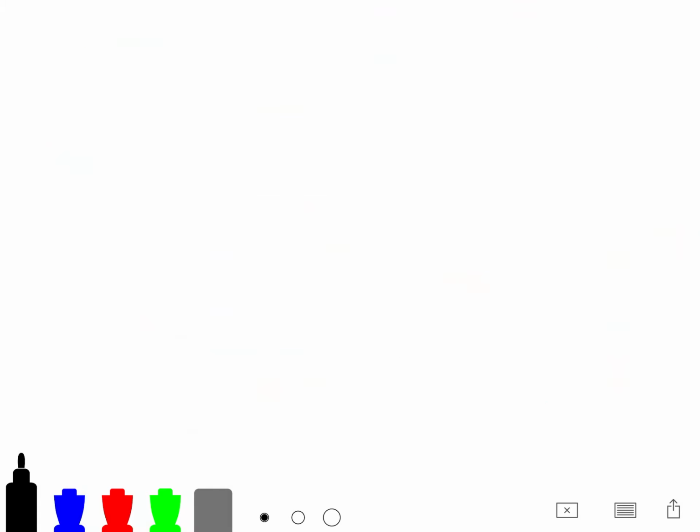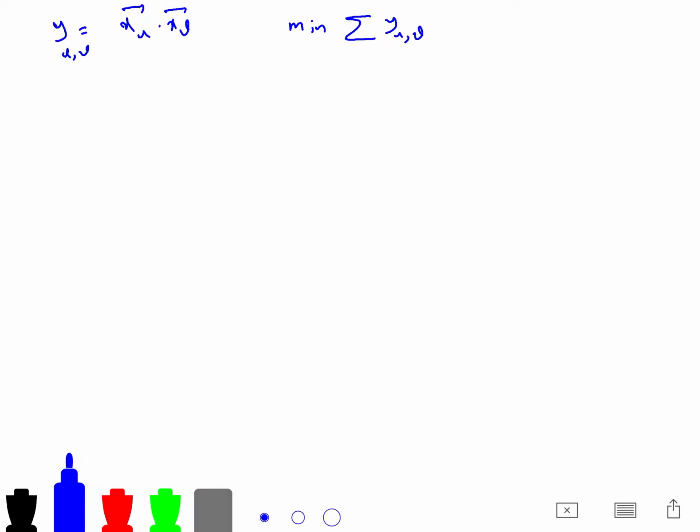So let's carry on and define a variable for convenience. Let's define variable y, which is the dot product between two vectors. And so the goal is just to minimize y uv.